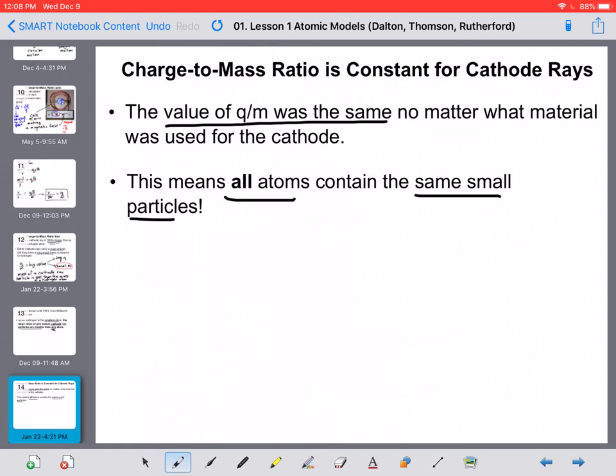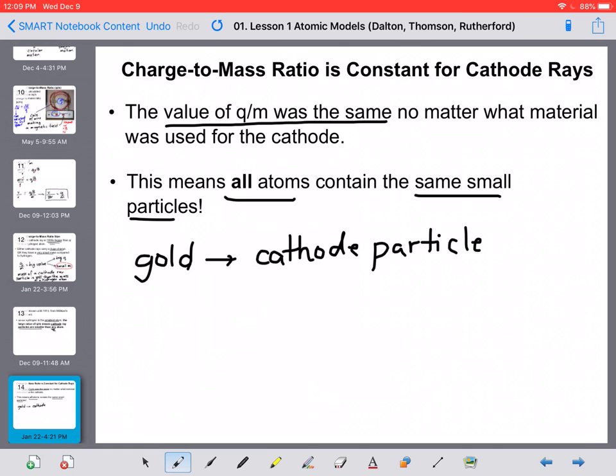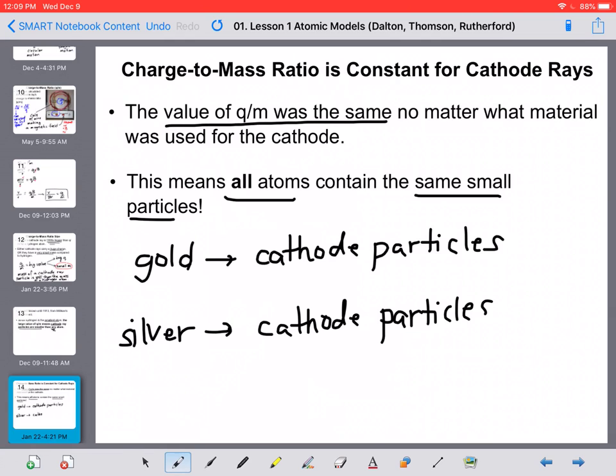So remember, what Thomson said is that it's pieces of the cathode atoms that actually make up the cathode rays. So basically what he's showing here is that let's say you have a cathode made out of gold. Well, gold contains these cathode particles, because when you do the experiment with gold, you see a cathode ray. Let's say you do the experiment with silver. Well, silver also contains cathode particles, because when you do the experiment, you see a cathode ray.